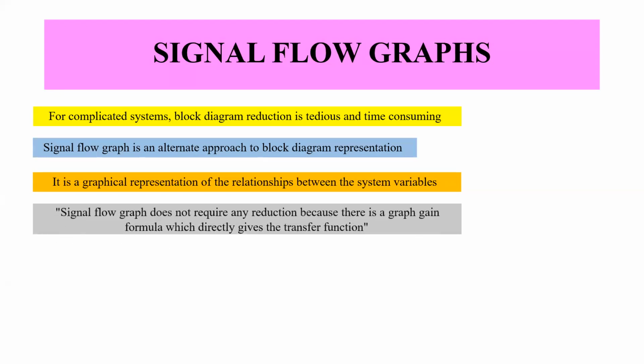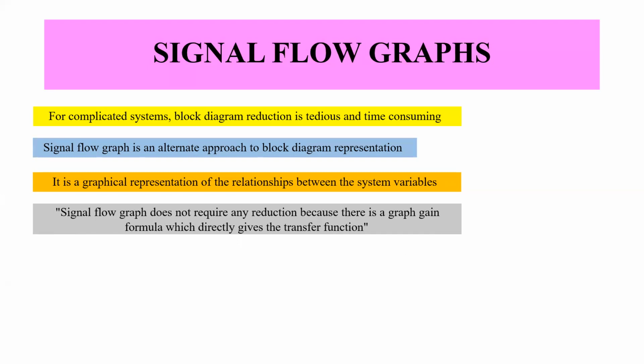A signal flow graph does not require any reduction because there is a gain formula which directly gives the transfer function. So we don't have to reduce, like in block diagram reduction, where we need to reduce the block diagram through the block diagram reduction technique. We have certain rules for that.